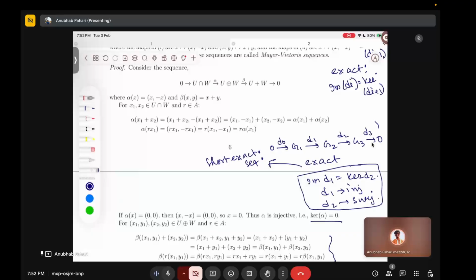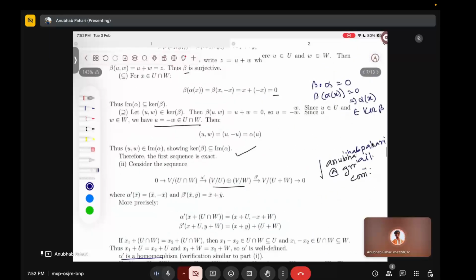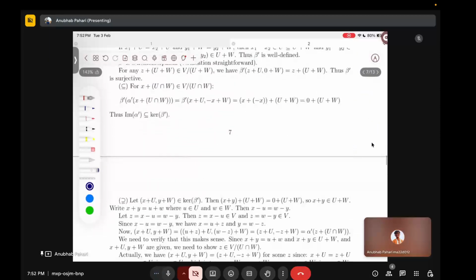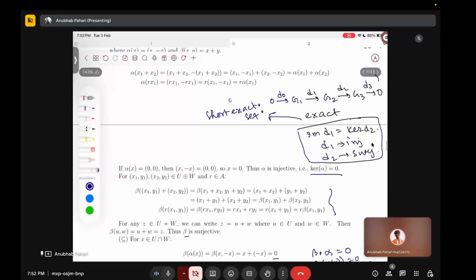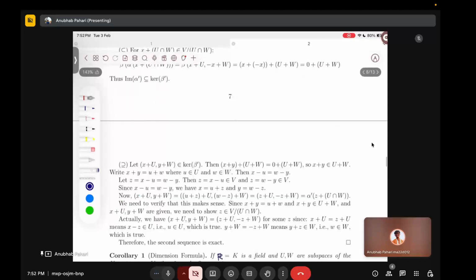When that happens, it is called a split exact sequence. But the dimension formula is stronger than that. Even when it is not split, that means your kernel plus image do not form a direct sum, the dimension formula still holds.